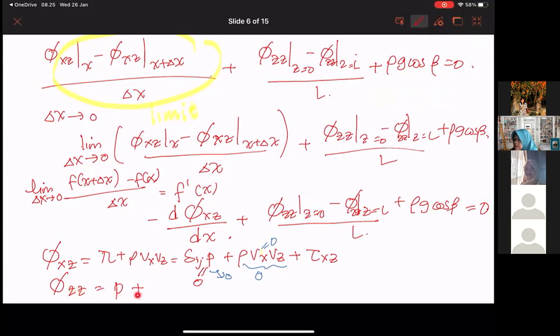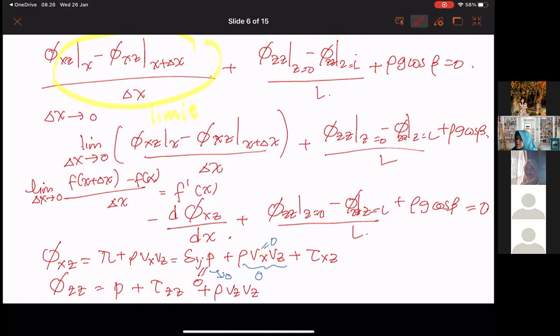And then we also have tau z, so there's a pressure, gaya tekan, the viscous force, and plus the convective momentum transport, or rho v z v z.